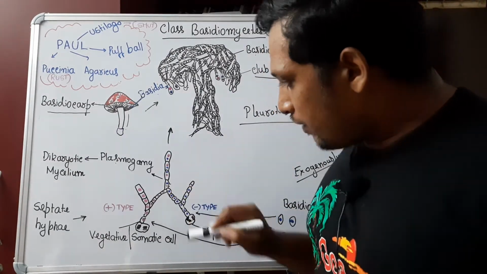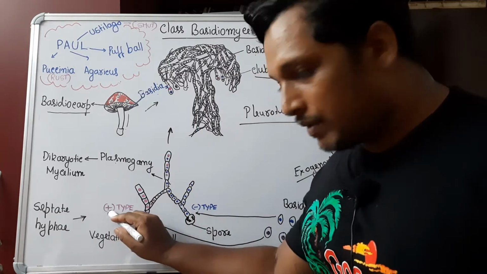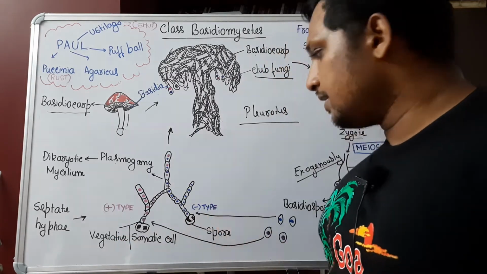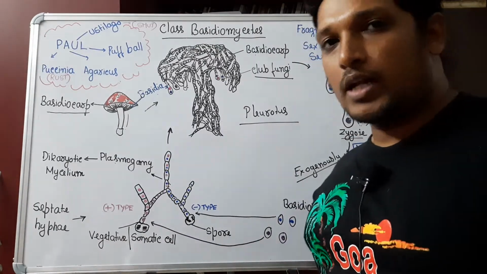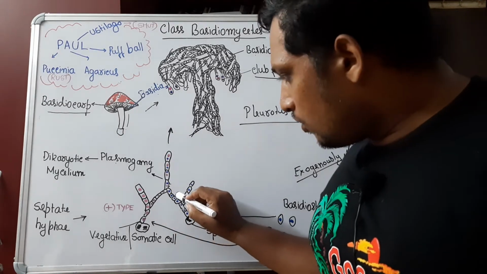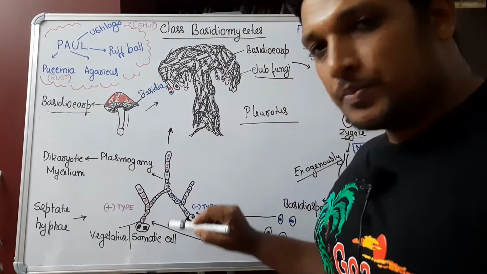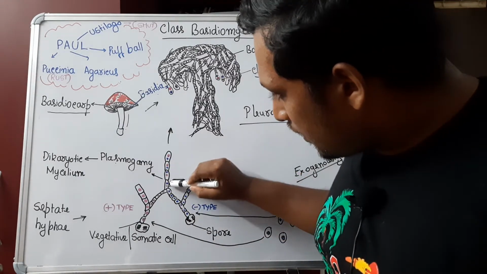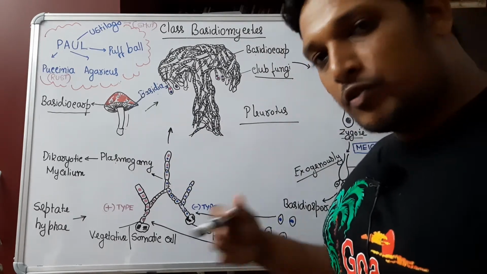Two types of hyphae are shown as plus type. Pink has been marked as plus type, blue is marked as minus type, indicating they contain two different genotypes in their nucleus. When they are growing, if their hyphae fuse, there is formation of one more hyphae because of fusion.